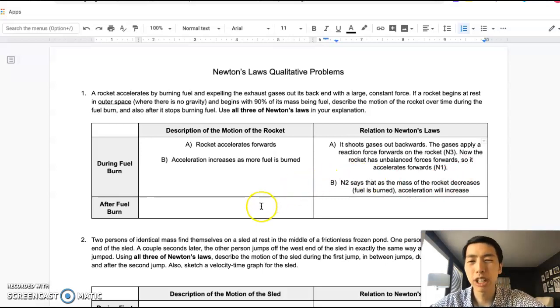Now, what happens when it runs out of fuel or when it stops burning fuel? The engines shut off. Now, remember, we're in outer space here. There's no gravity, no air resistance. So with no forces anymore acting on the rocket, we go back to Newton's first law and say that it's going to continue in uniform motion.